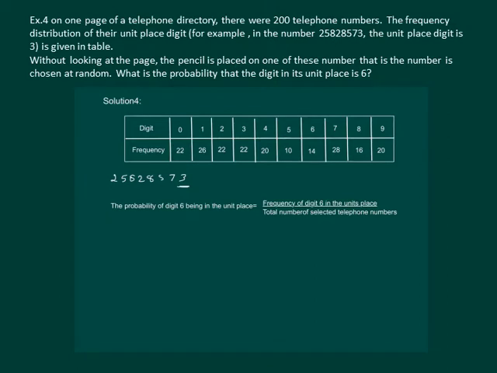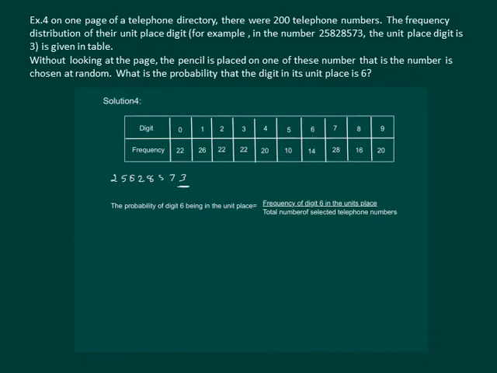We are asked to find the probability that the digit in the unit place is 6. So we have to find the ratio of the frequency of digit 6 in the unit place by the total number of selected telephone numbers. Clearly, the frequency of digit 6 is 14.